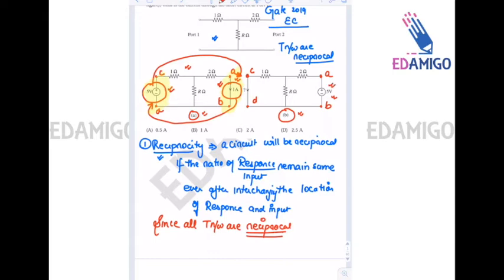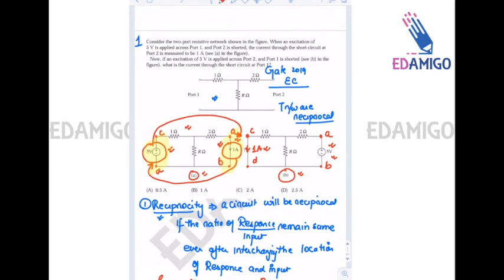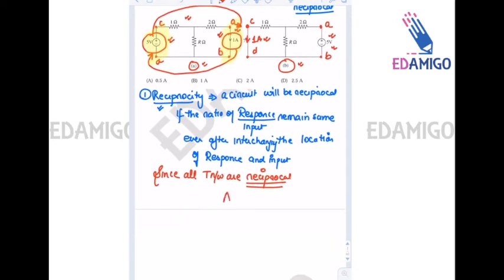Here the input is 5 volt and thus the response will be 1 ampere, which can be easily calculated. So the answer is 1 ampere. A very simple question.